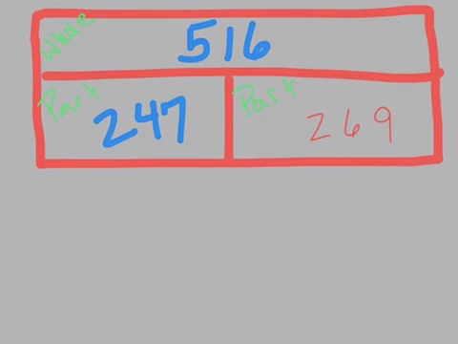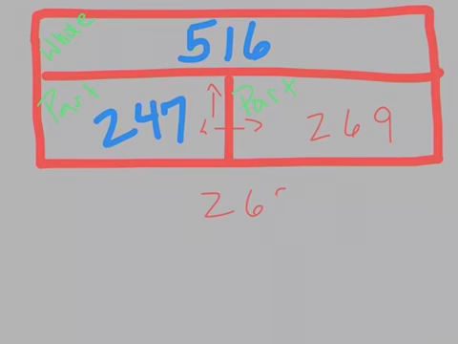When students see a strip diagram, or some call it a part-whole box, when they're stacked, like the 2 blue numbers of the part 247 and 516 are, we can subtract to find the third part. In this case, we want to add the answer that we got to the part that we already know to check if it gives us the whole of 516.